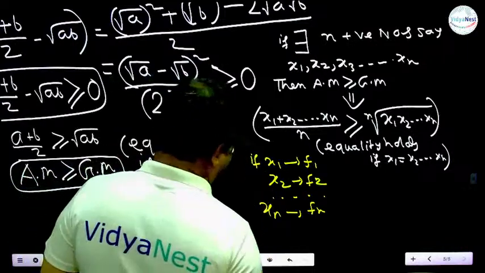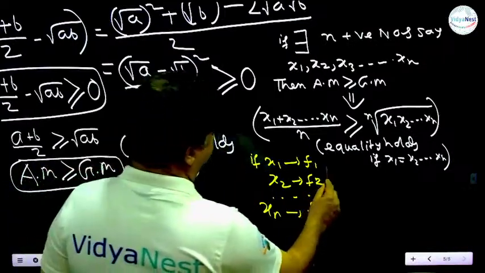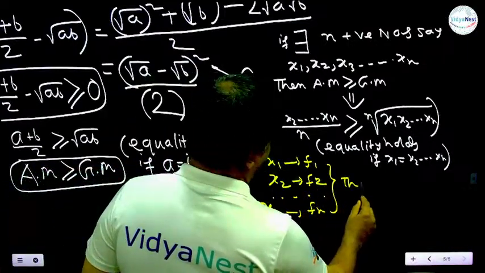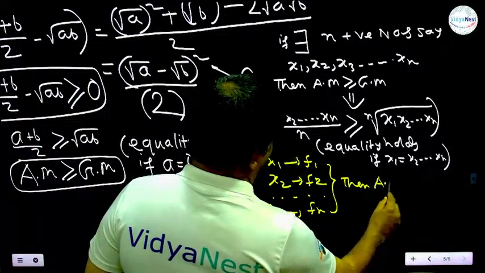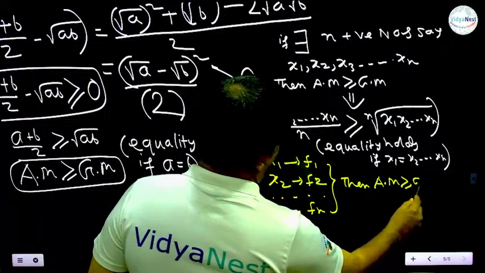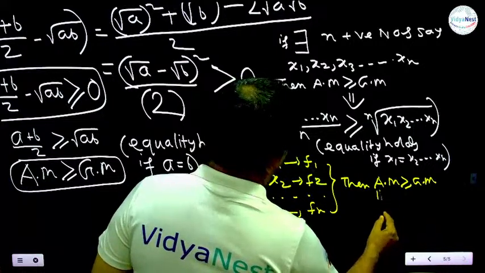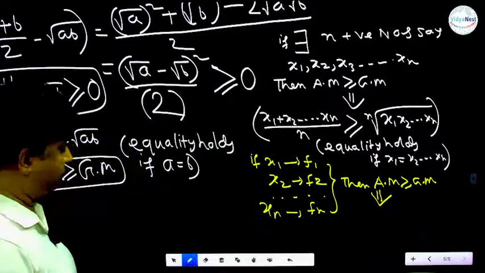Arithmetic mean greater than or equal to geometric mean implies what?